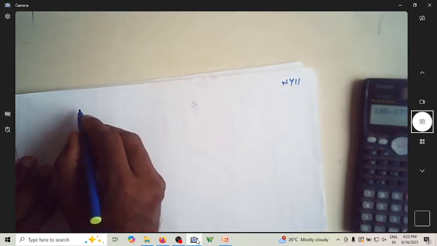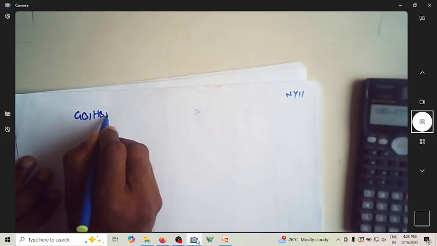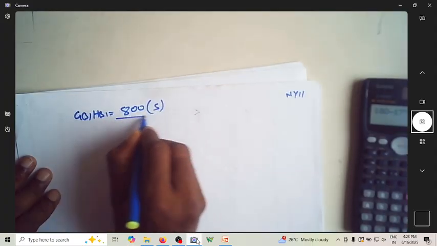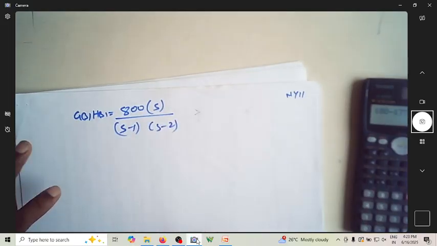Okay. So we will see another interesting problem here. G(s)H(s) is 800 into s into (s minus 1)(s minus 2).